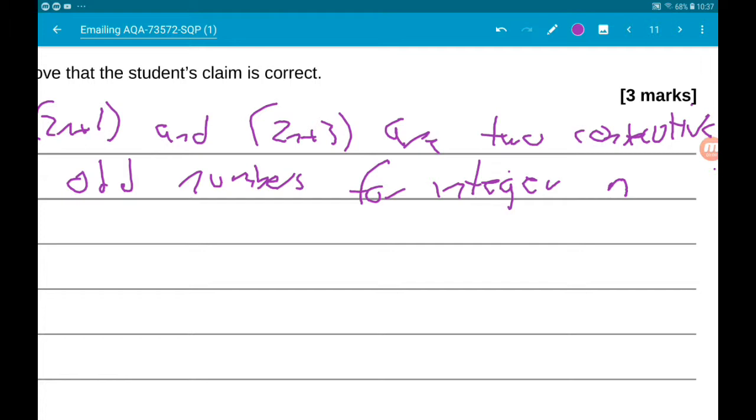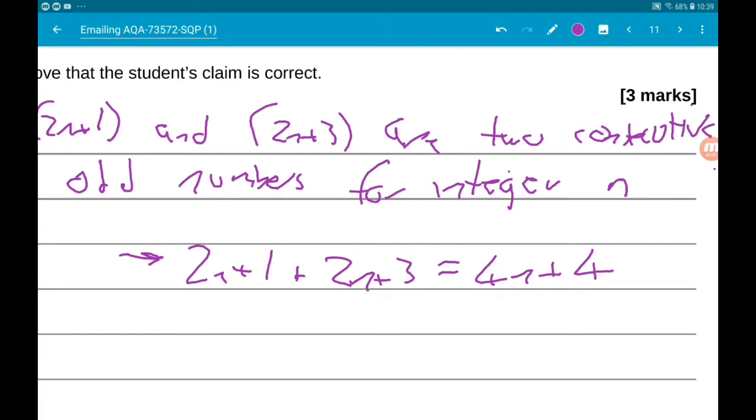And then our sum of two consecutive odd numbers is 2n add 1 add 2n add 3. Now that gives us 4n add 4.